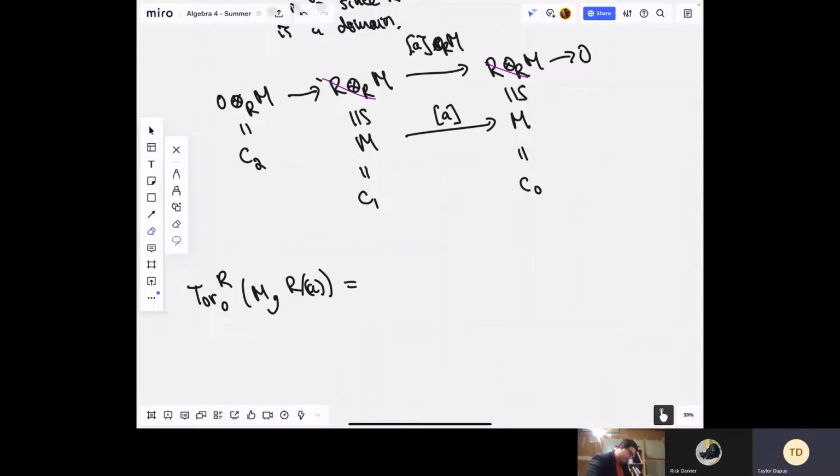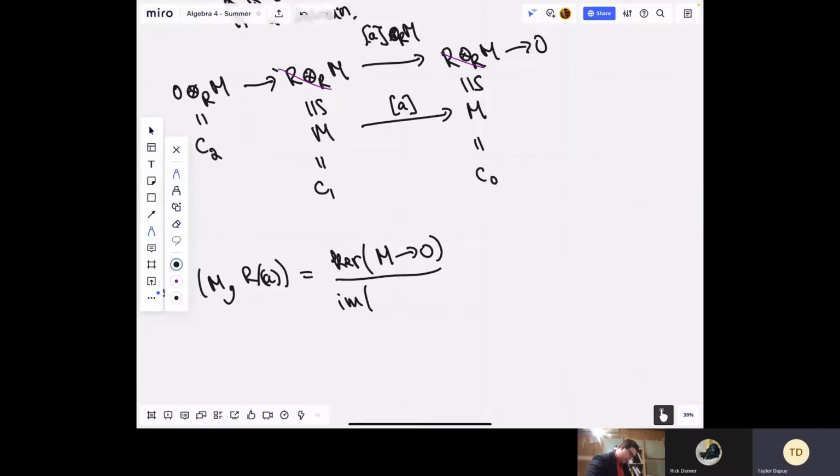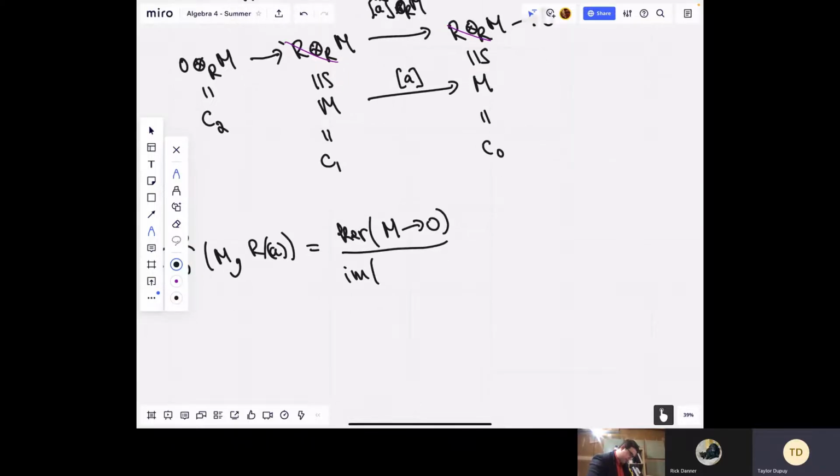So this is the kernel of this map of M to 0 modulo the image of this map here, which is multiplication by A from M to M. So this is M mod AM.